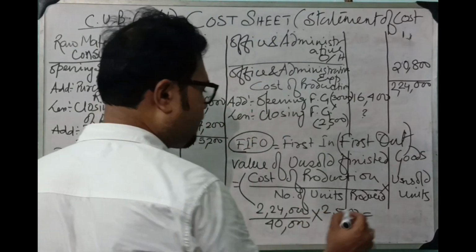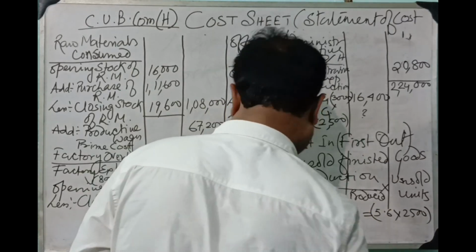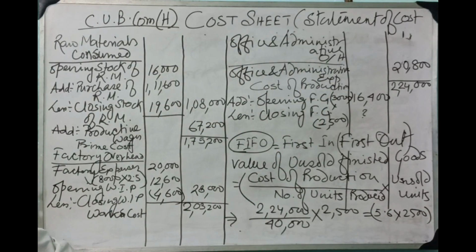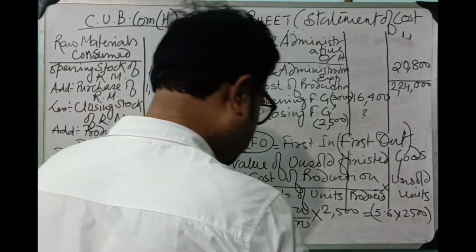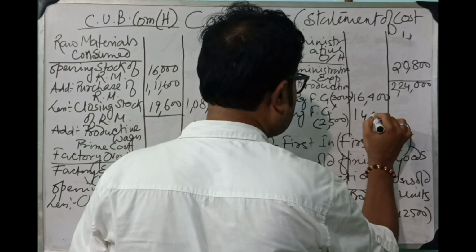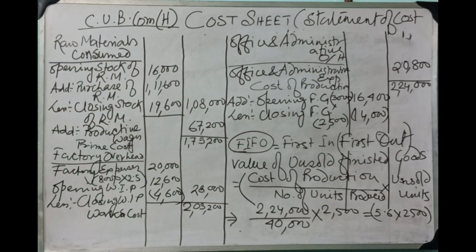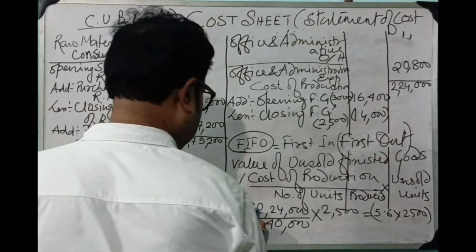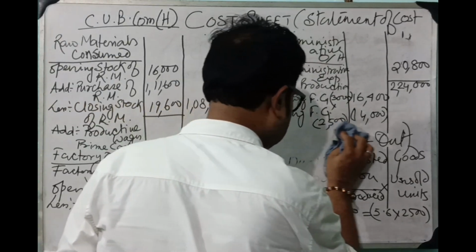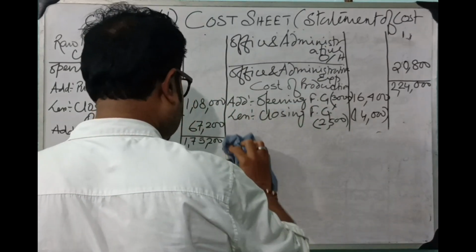The per unit value is coming 5.6, into 2,500. Let me check in the calculator. It's coming 14,000. So I'm putting 14,000 here as negative. We are using the FIFO method. It's coming 14,000. Got it?